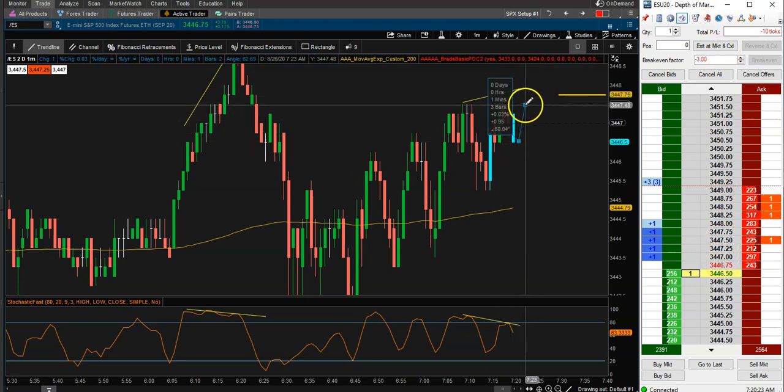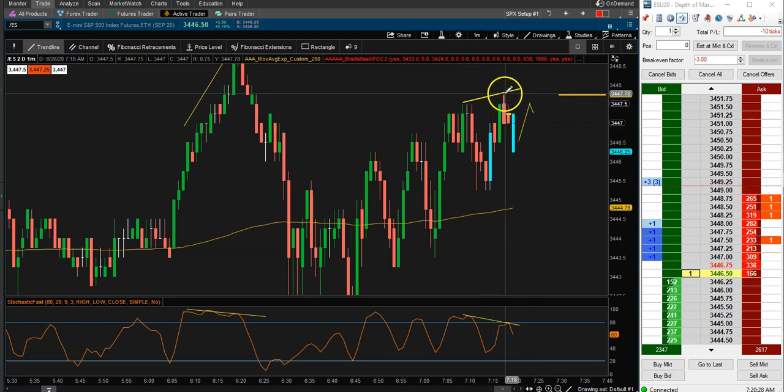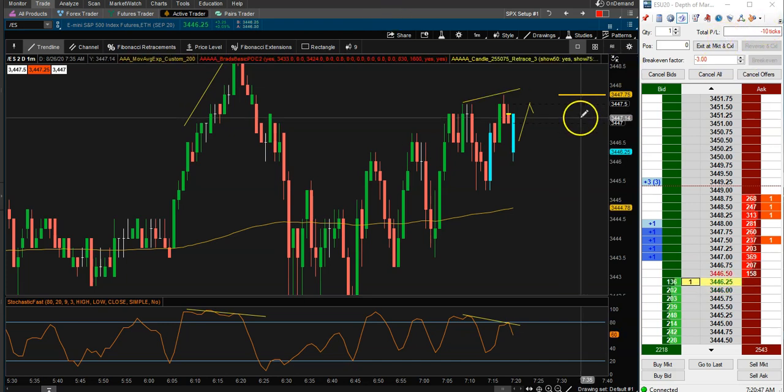What I want to see is price come right back up to this level and then just pull back. If you saw my other video from a couple days ago, this is actually the same day where I took a 10 tick loss, $250.